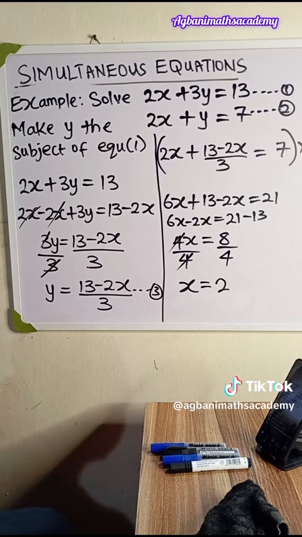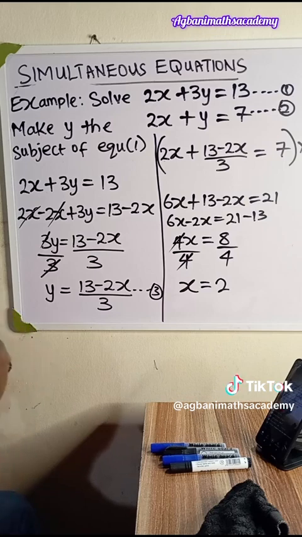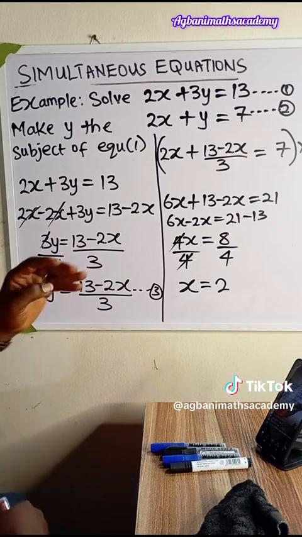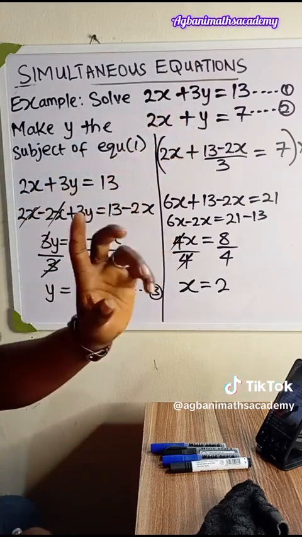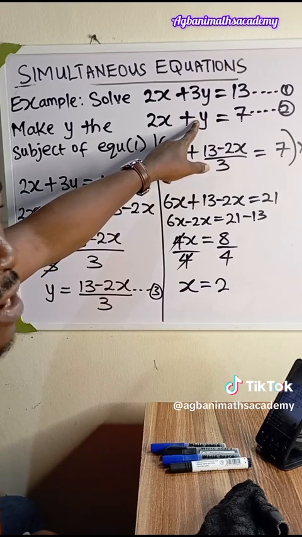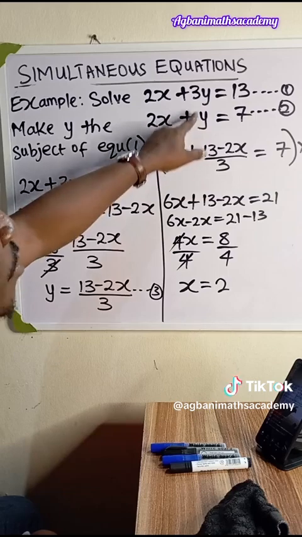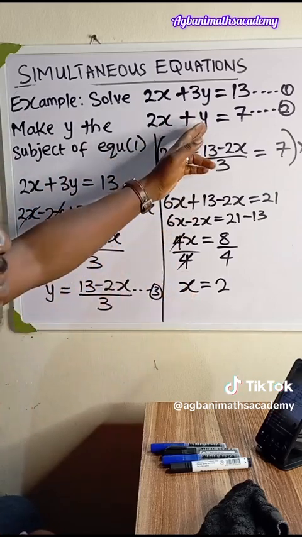Yeah, Kem said it's easier to make y the subject of equation 2. That's correct. Why it is easier is because whenever you have a situation like this, and you have one of the variables that has its coefficient, that is the number in front of it, as 1, when you don't see any number, of course, we know that means the number in front of that alphabet is 1.